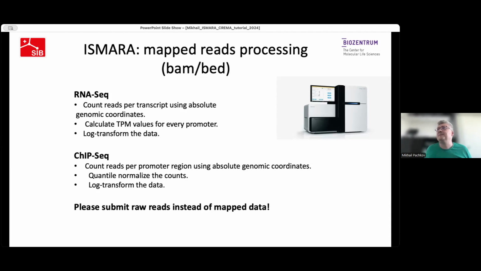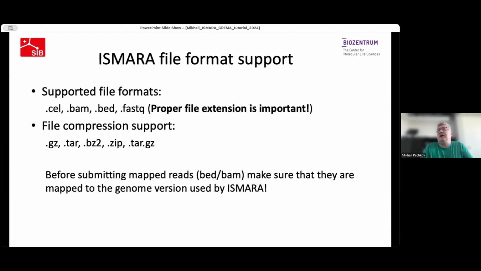So what kind of file formats are supported? These are CEL, BAM, BED, and FASTQ. It's very important that files have the correct file extension, because in ISMARA, files are recognized by the extension they have.